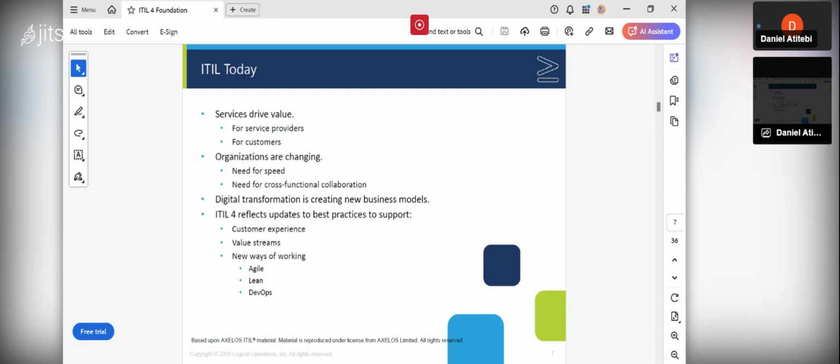You say organizations are changing. Organization policy is sometimes changed: your goals and objectives, vision, mission or core values might change because you discover that things around you are changing very fast. Therefore, you may discover that your goals, objectives, visions, missions or core values may not be relevant in the scheme of things when it comes to service management.